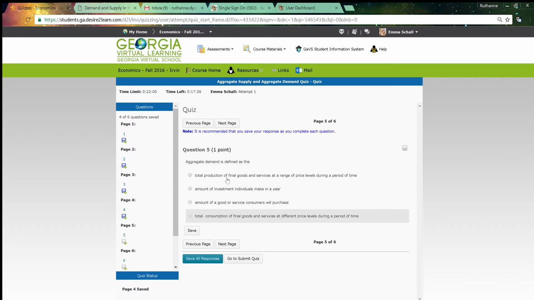It's not going to be the total production because it's demand, so it's going to be total consumption. And I'm actually going to go back and look at that last one. Okay, yeah, total consumption. Wait, excuse me, total production. I don't know how that happened. Okay, aggregate supply, total production. Aggregate demand, total consumption.